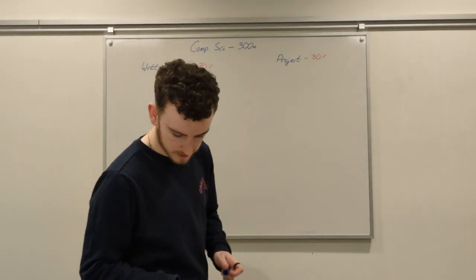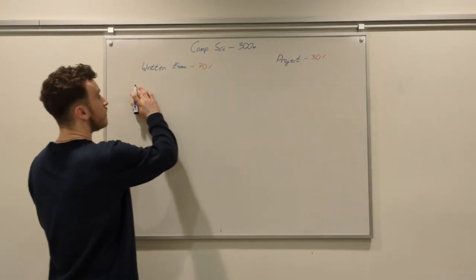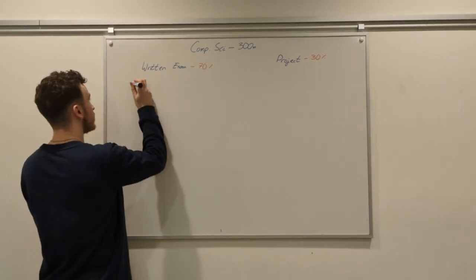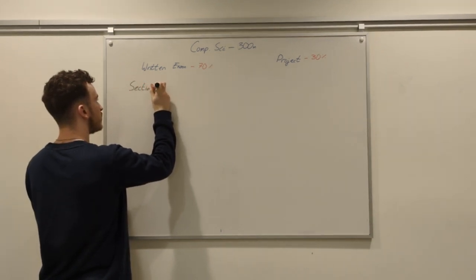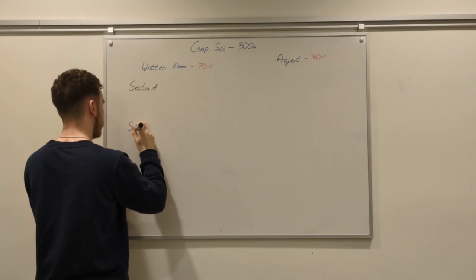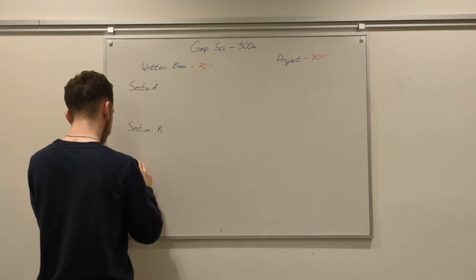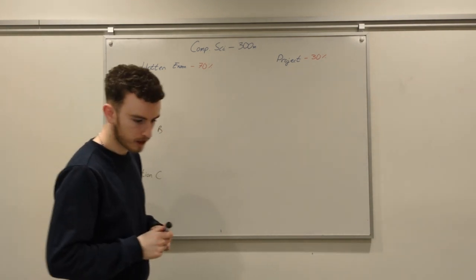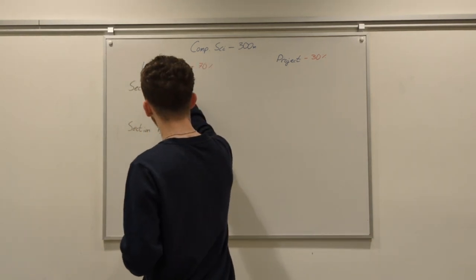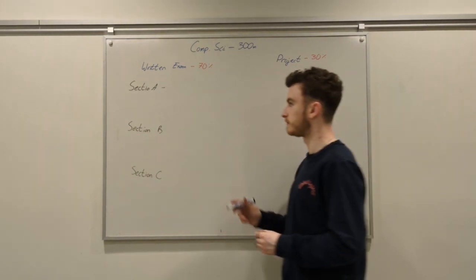So, if we break this down even further, right? You have 3 sections to your exam: section A, section B, and section C. So section A is your short questions.